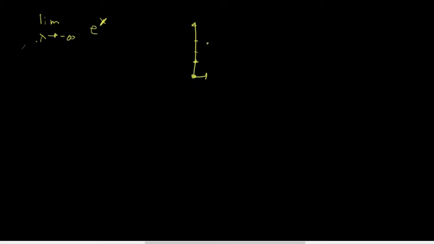It's e. e is 2.718. e to the 2 is going to be 2.718 squared, so 8 point something. And if you plug in bigger and bigger values of x, say you took e to the 10, you're just going to get a massive number.